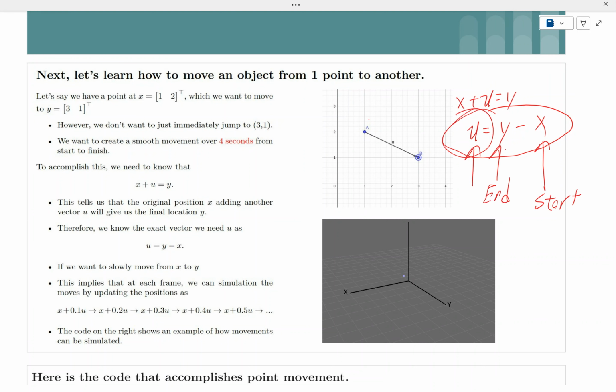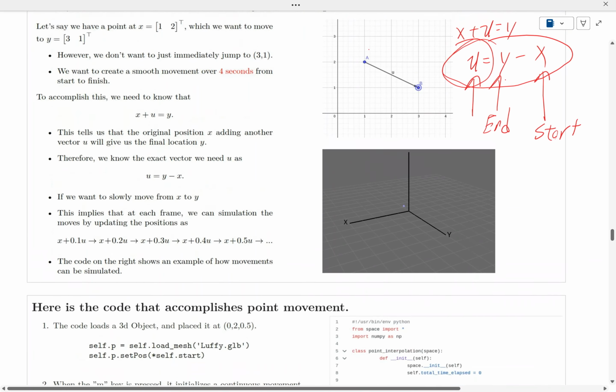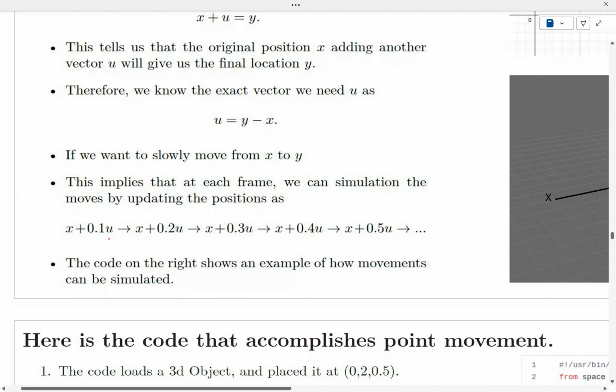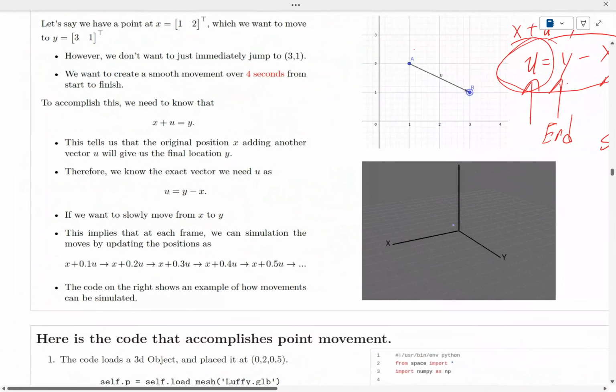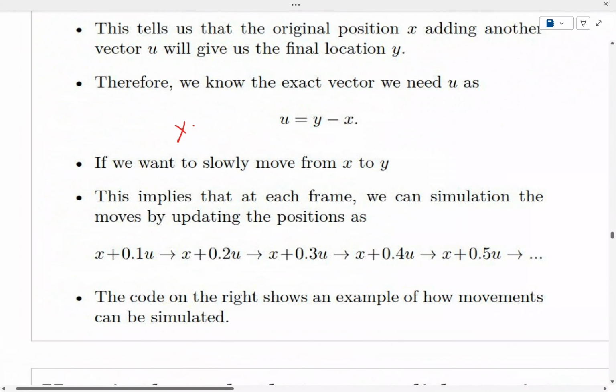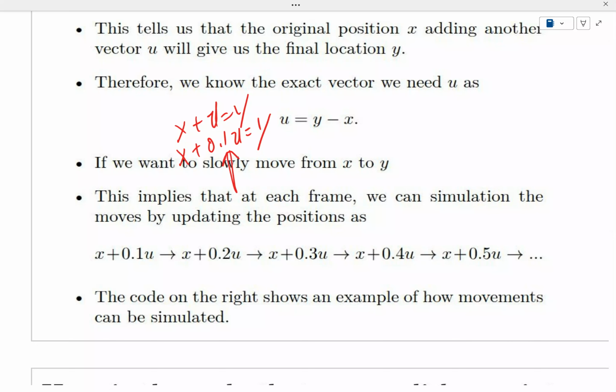So what we can do is count the time. We know the u vector. If we have x plus u, that's going to reach our destination. But what if we have x plus 0.1 u? So this is 1/10 of the way to y.